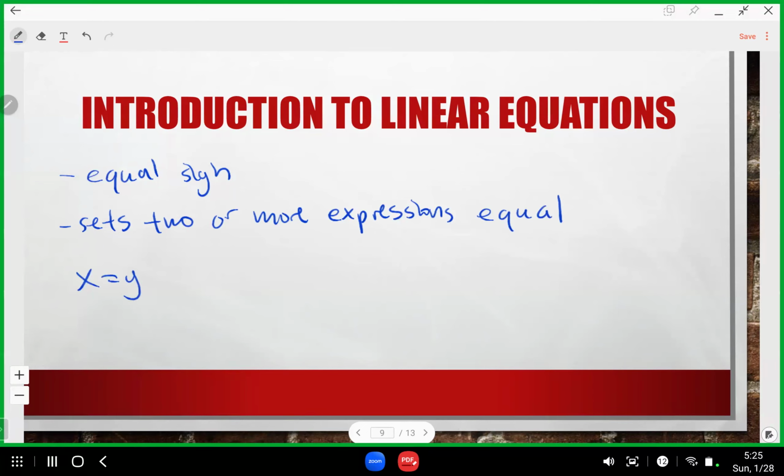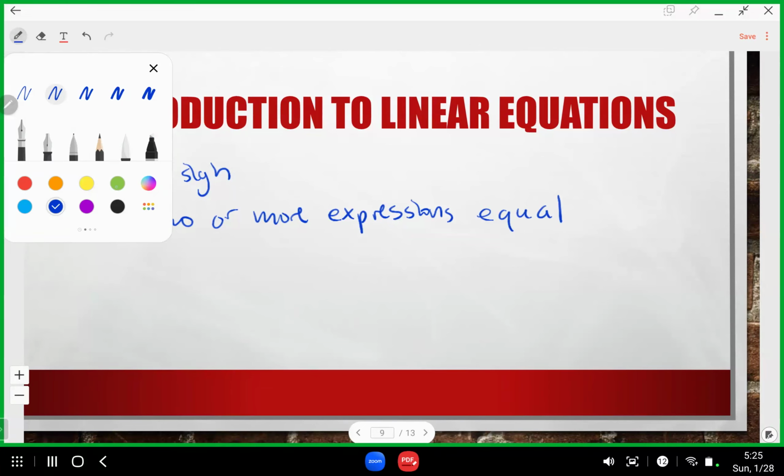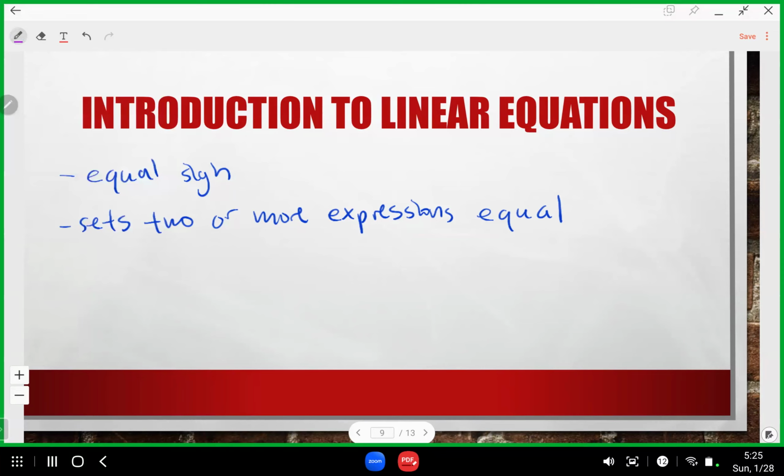Let me give some examples of what a linear equation might look like. x is equal to 3. As you can see, we have two expressions here, x and 3. Or maybe 2x plus 4 is equal to 5 times x minus 1.